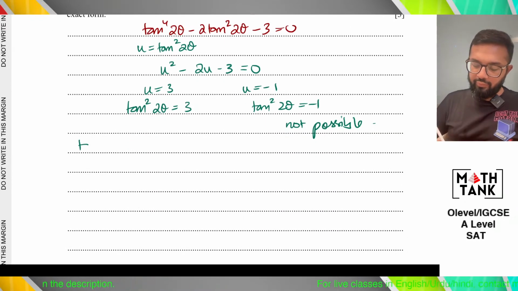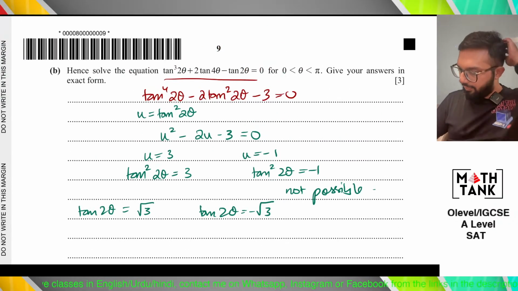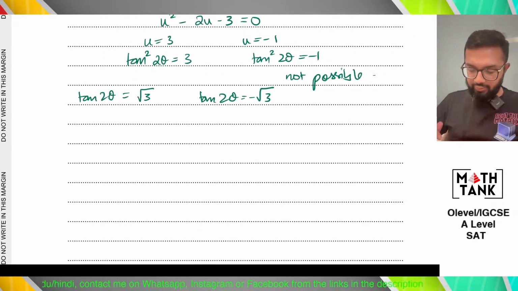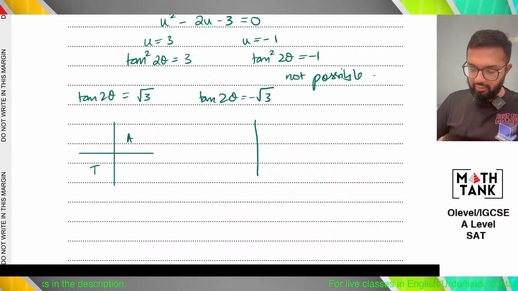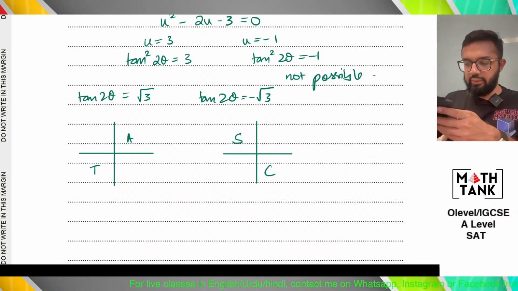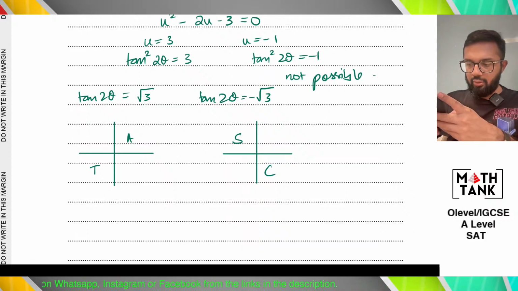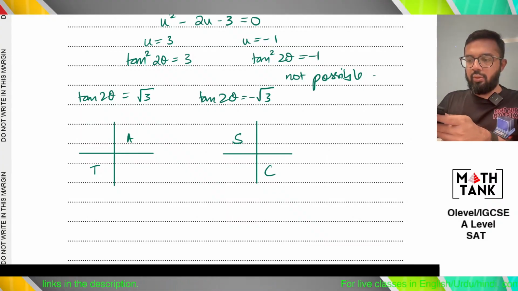This one is, so I have two solutions: tan 2 theta equals plus root 3 and tan 2 theta equals minus root 3. My range is from 0 to pi. I need to keep my calculator in radians. Okay, so A, S, T and C. Okay, 60.